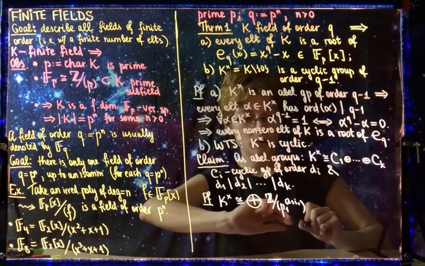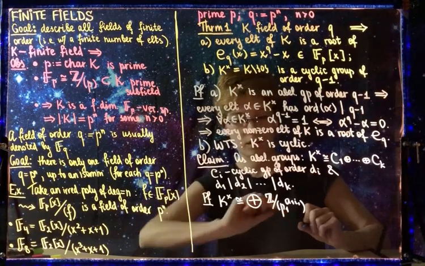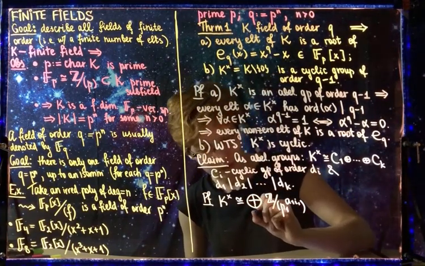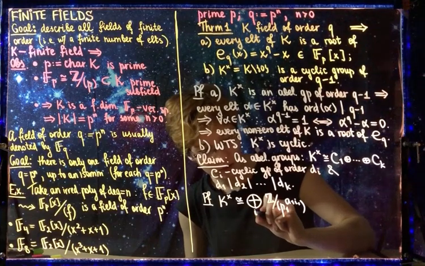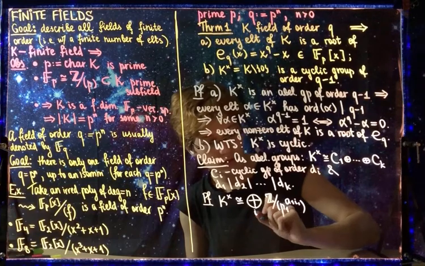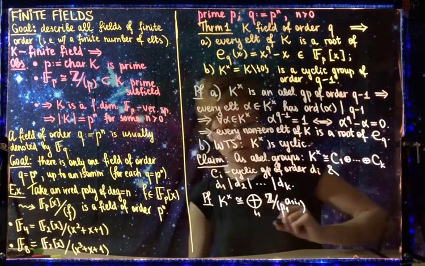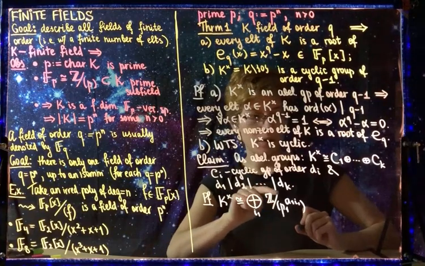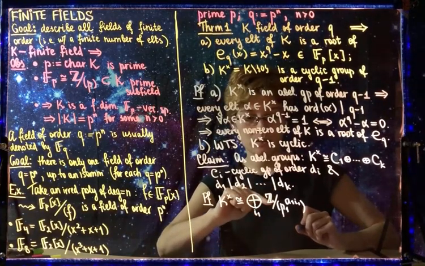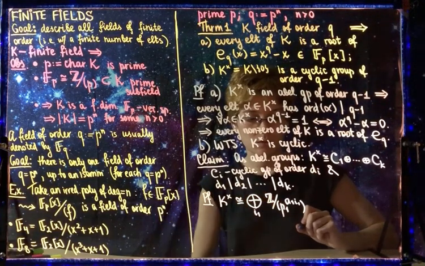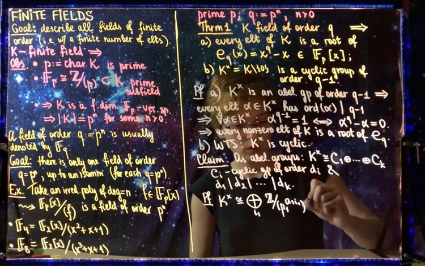I move all the powers of p1 to the first summand, so that all the other primes are different from p1. And I have that these groups are isomorphic to Z mod p1 to the power a1i1.